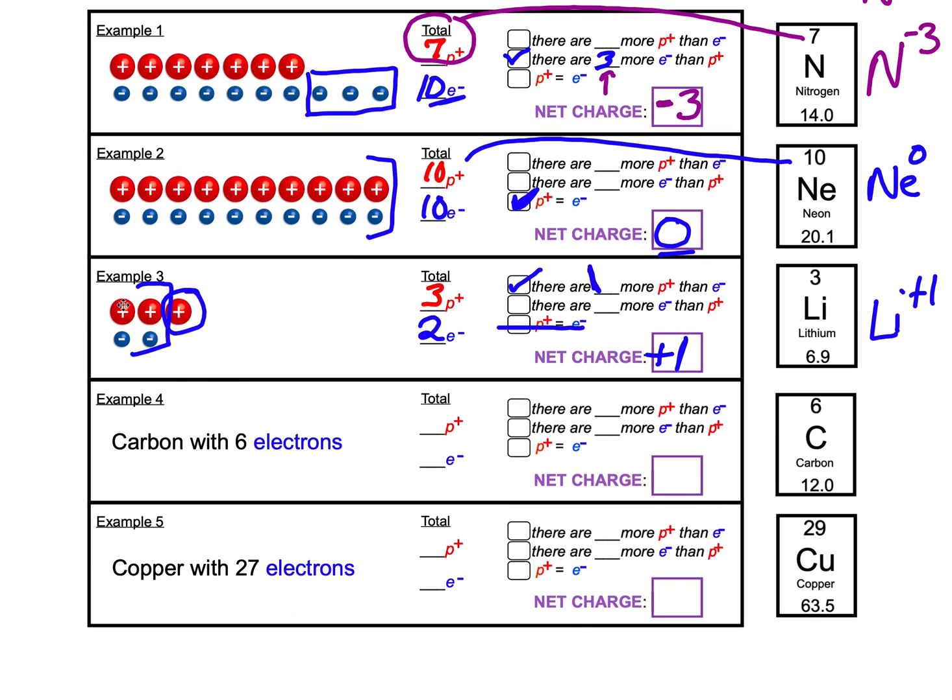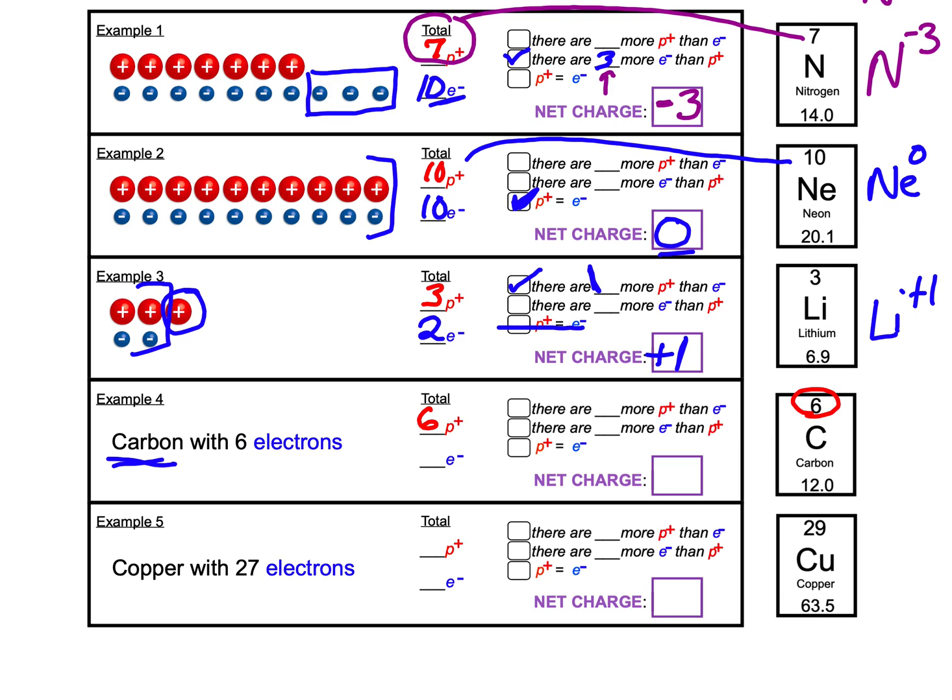Now, the next one, I don't give you a cute little picture. I don't give you a way to compare them like that. What I give you instead is an element name and how many electrons there are. Now, I give you the element name because I know you know that if you can look on the periodic table and find the element, like here's carbon's box, you can look at this atomic number and you know how many protons. I don't need to give you all these cute little positive red circles. You can just look at the periodic table and figure out how many protons.